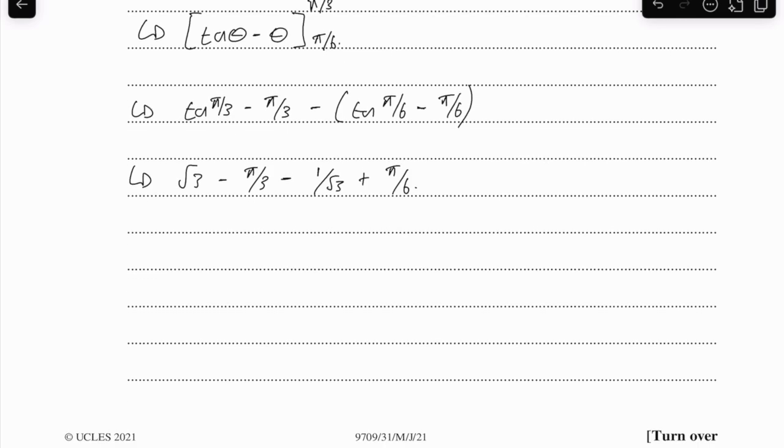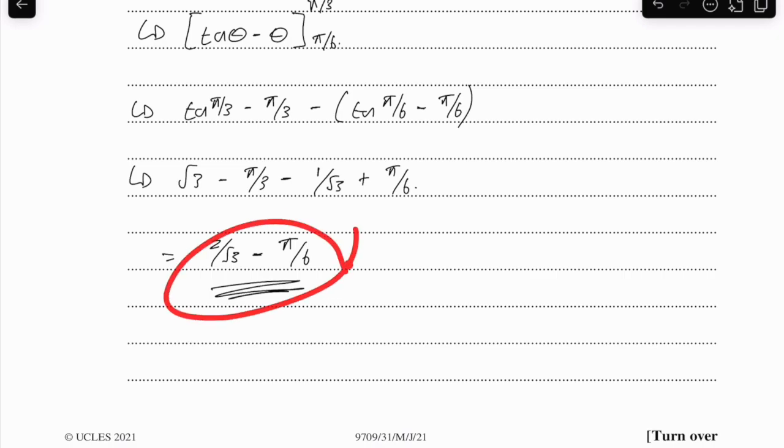Okay, and simplifying that, we just get 2 root 3 over 3 minus pi over 6. Okay, and that's going to be the final answer to that question.